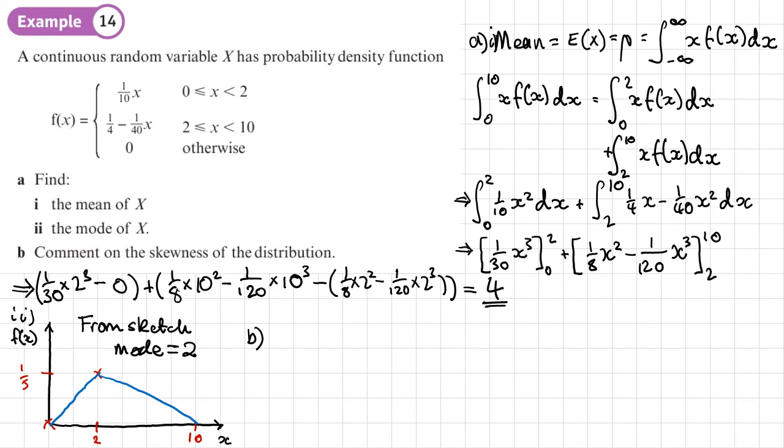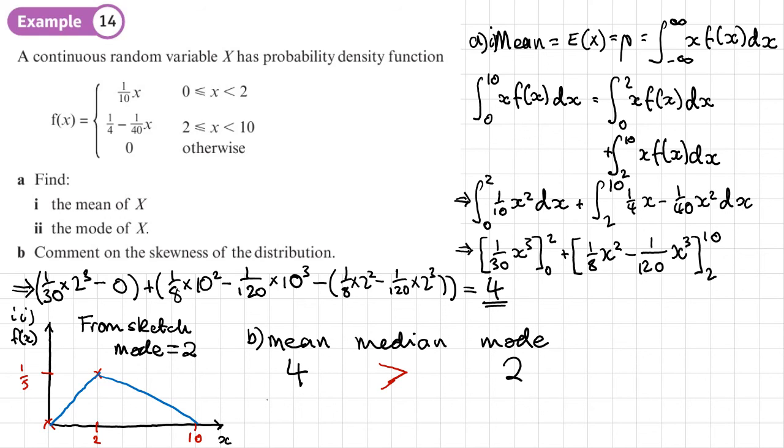Now to comment on the skewness, we write out the words mean, median and mode. We do those in alphabetical order. And we decide what sign goes between them. Now the mean we've worked out to be 4. We haven't worked out the median, but we did work out the mode was 2. So the symbol that would go between here is greater than. Greater than implies positive.